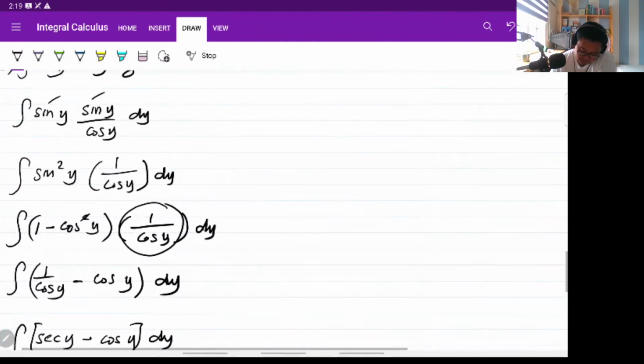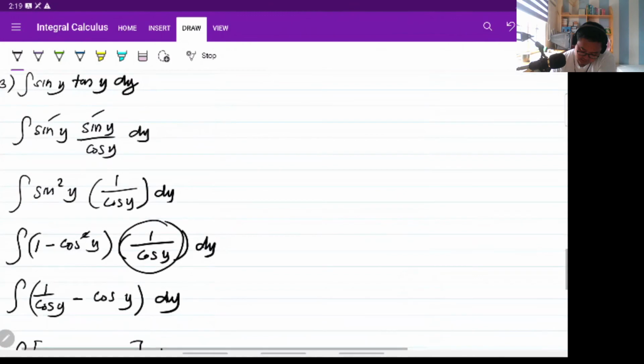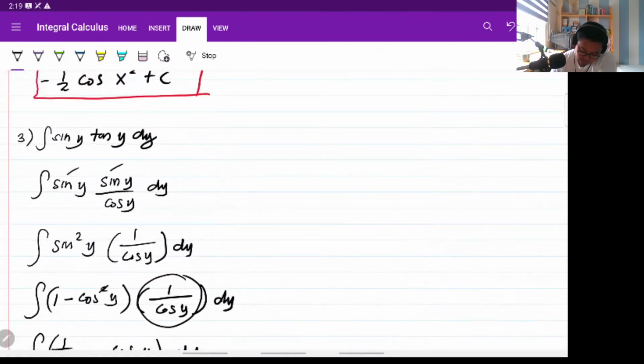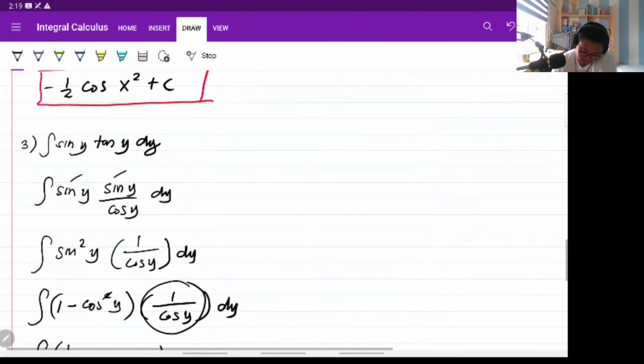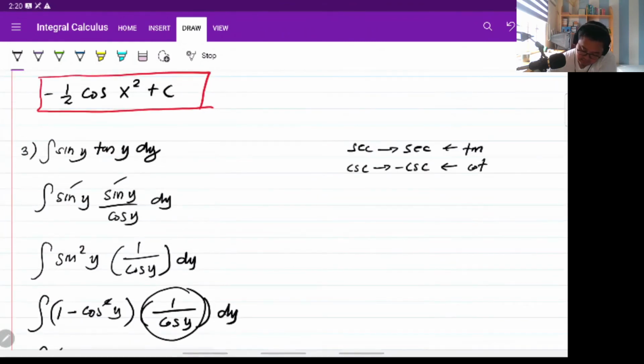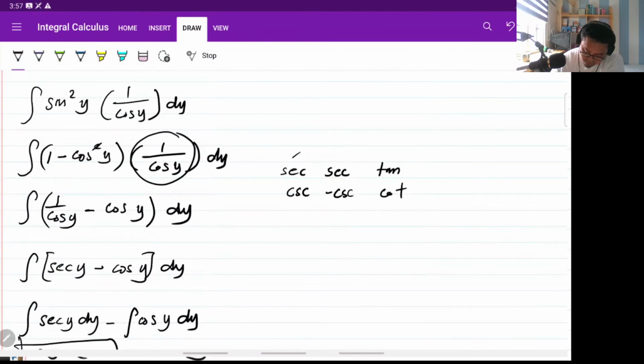Now, I will teach you how to memorize the integral formulas. For integration, we have to memorize these. First, the integral of secant squared u du equals tangent u plus c.